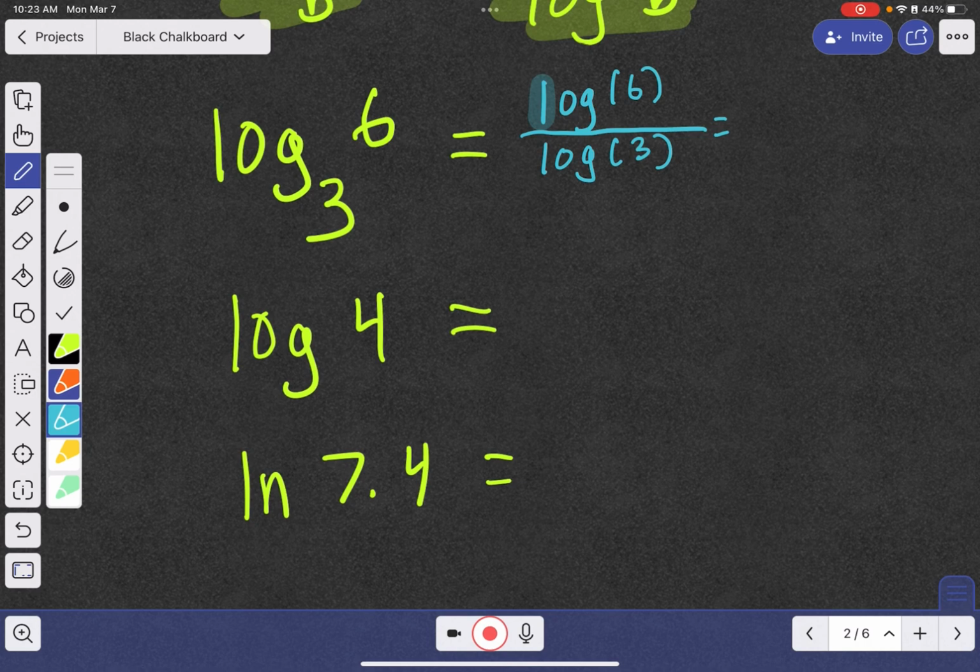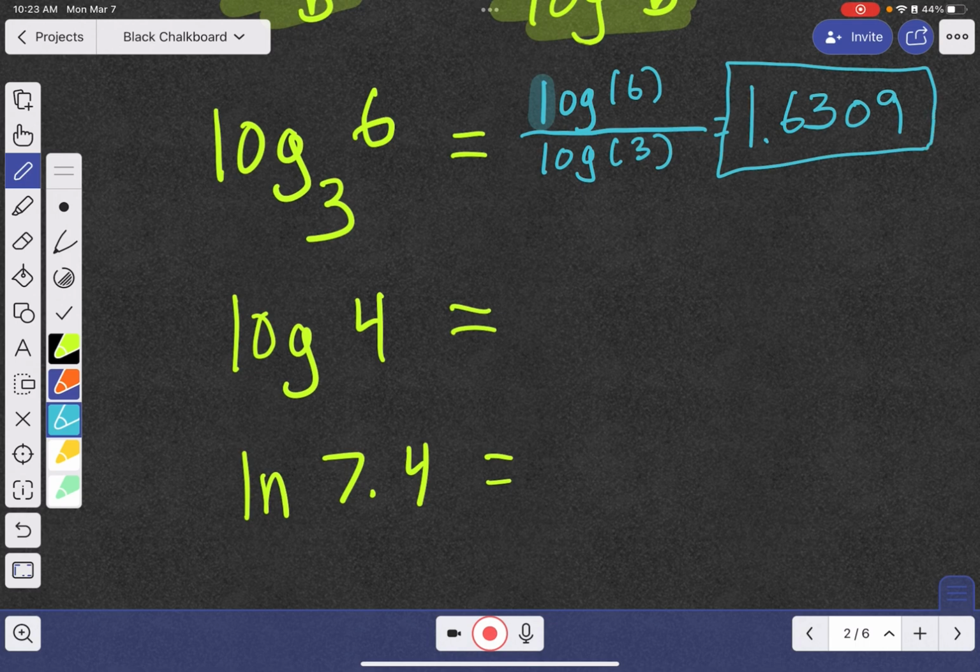So log of 6, making sure I close the parentheses, divided by log of 3. Again, making sure I close the parentheses. That comes out to 1.6309 if I round it to the 10,000th place.